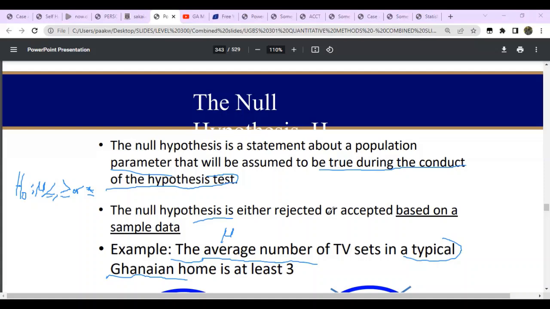During the conduct of the hypothesis test, how are you going to accept or reject your null hypothesis? That's what we are going to learn.